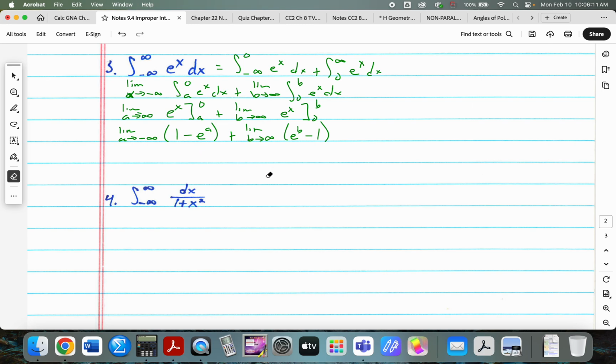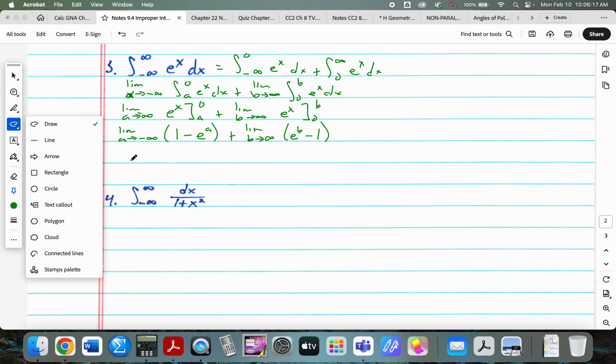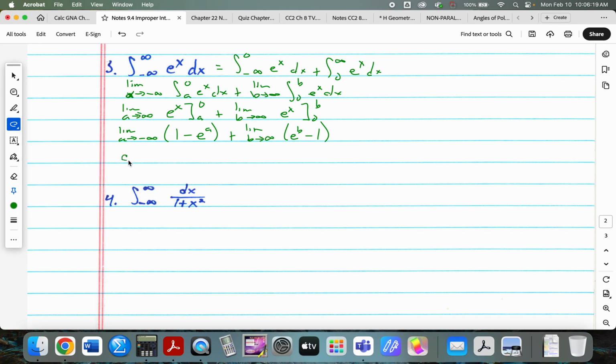It's just bad notation. So this part will say converges to 1, but this part diverges. Therefore, the integral diverges.